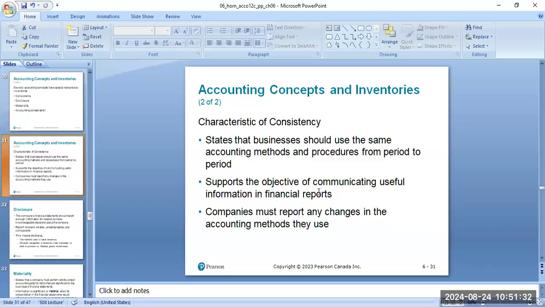Let's start with consistency. Consistency states that the business should use the same accounting methods, not only for inventory but for amortization as well, and the same procedures from period to period, so that financial statements are comparable from one period to another.